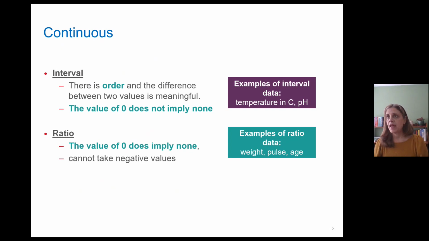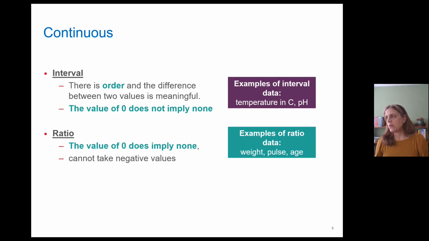Ratio is a much more common type of continuous data, and it's what most of your data would be considered under. And here, the value of 0 does imply none. So, for example, if someone had a 0 value for their pulse, they'd have no pulse. You can be 0 years of age when you haven't reached your first birthday.